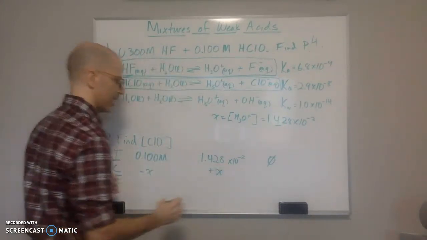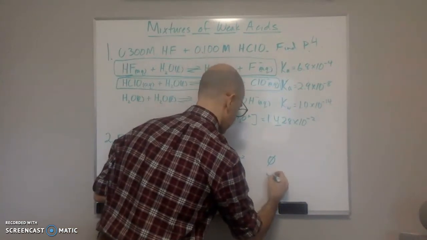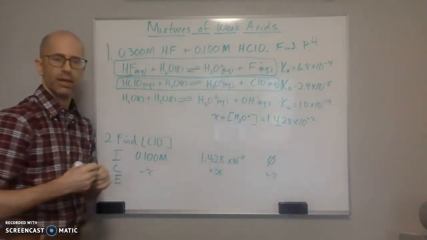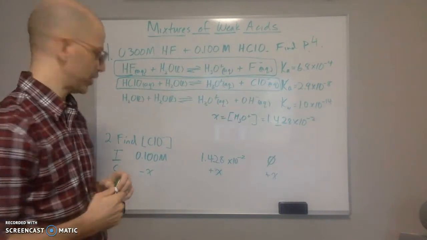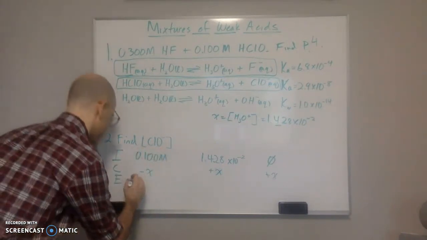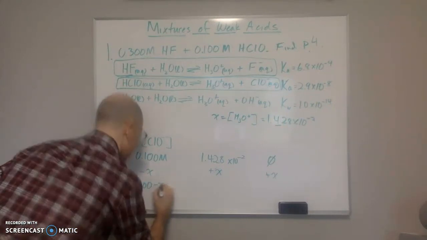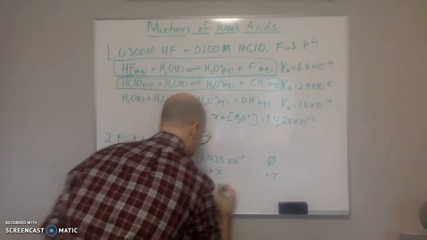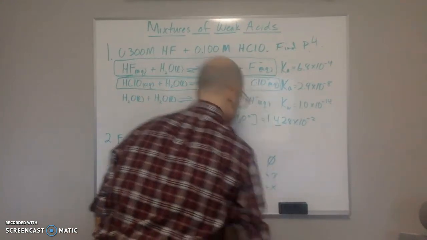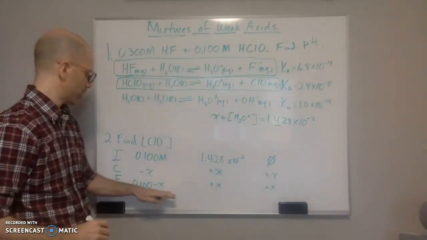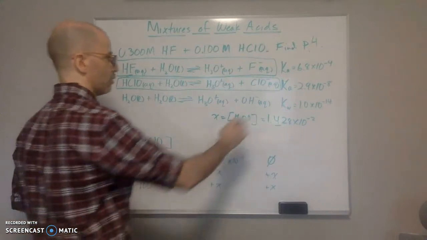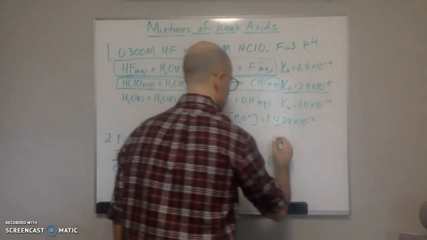We're going to say plus X there, and then that's also going to be plus X there because it's a 1-to-1 ratio. And then we add these together, 0.100 minus X, plus X, and plus X. And again, we're going to put these into our expression.